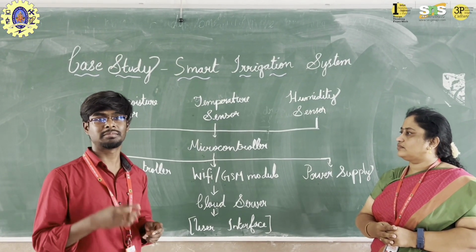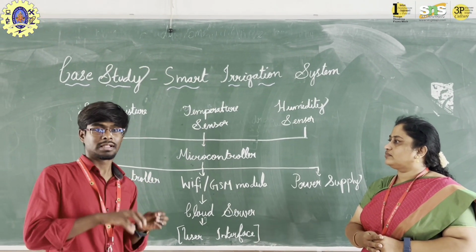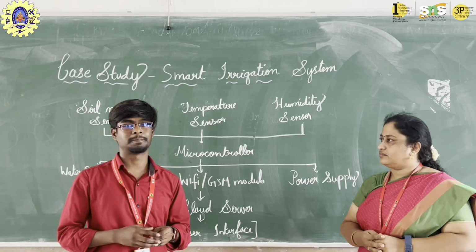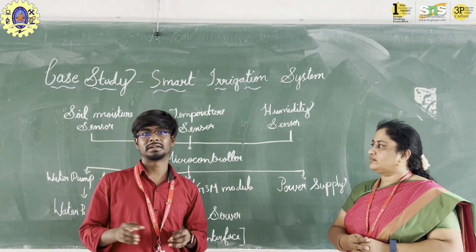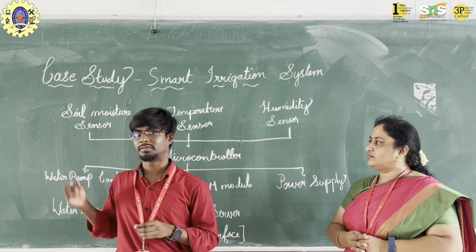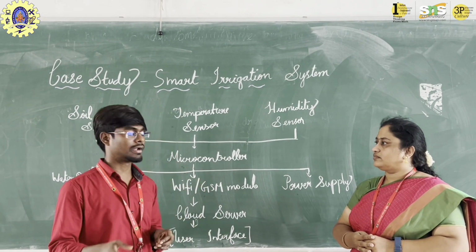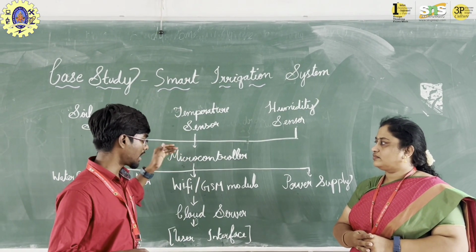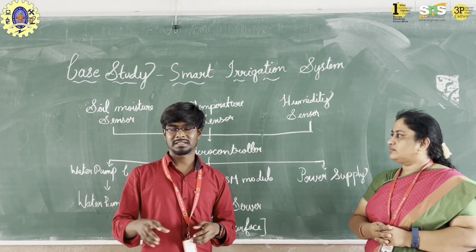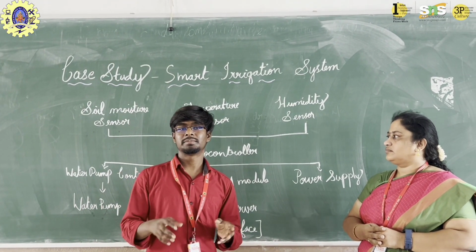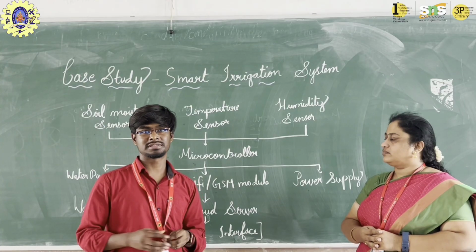Only at that time will water be passed onto the land. After it reaches a threshold limit, the water pump flow is stopped. The microcontroller data is also stored on the cloud server as a backup. This is the implementation at the real level.